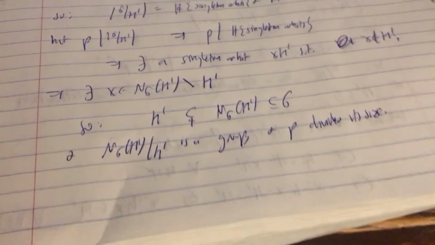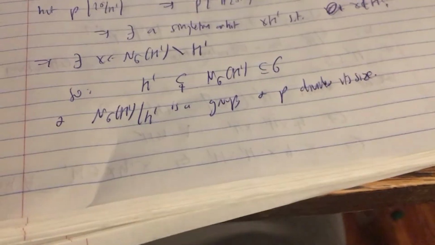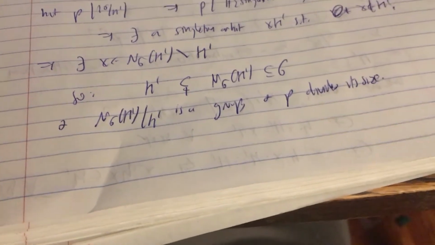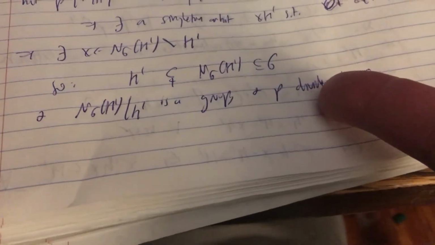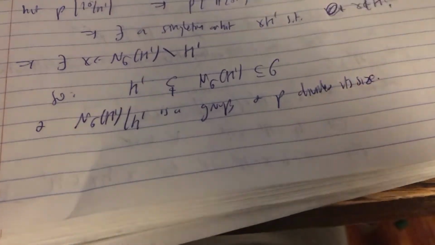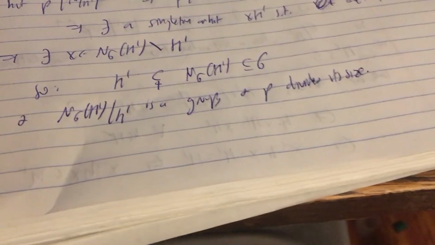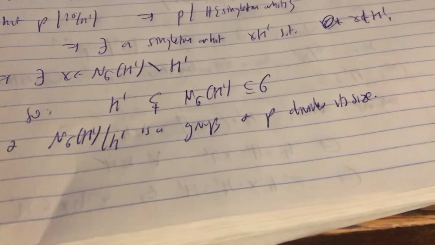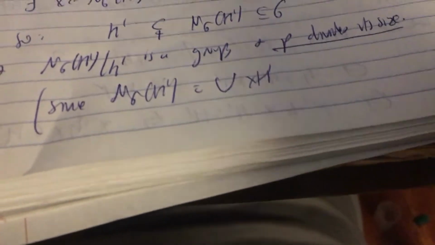So the normalizer is a union of fixed points, right? We said being in the normalizer means that x times your coset is in the fixed point. So the normalizer is the union of all of these fixed point elements, right? So let me just say this: there's maybe a little argument to be made here. NG of H prime is precisely the union of x H prime, right?